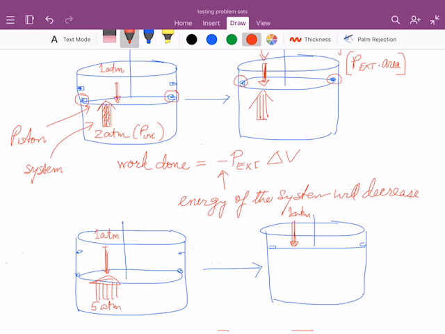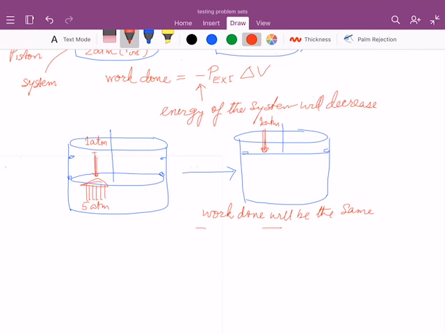So, in fact, the work done will be the same. If we change the problem so that we put an extra weight on the piston, then the internal pressure would have to do more work to move the piston, and the work would change.